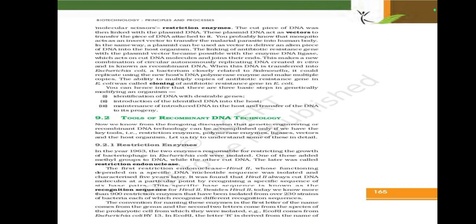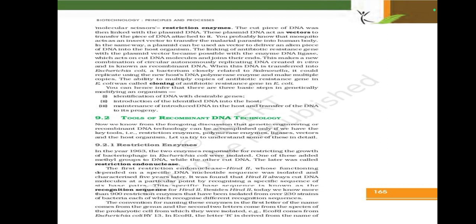Now, the linking of the antibiotic resistance gene with the plasmid vector became possible with the enzyme DNA ligase, which acts on cut DNA molecules and joins their ends. And this makes a new combination of circular, autonomously replicating DNA created in vitro, and is known as recombinant DNA.